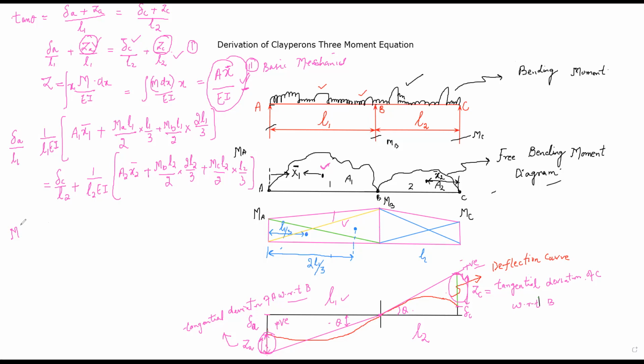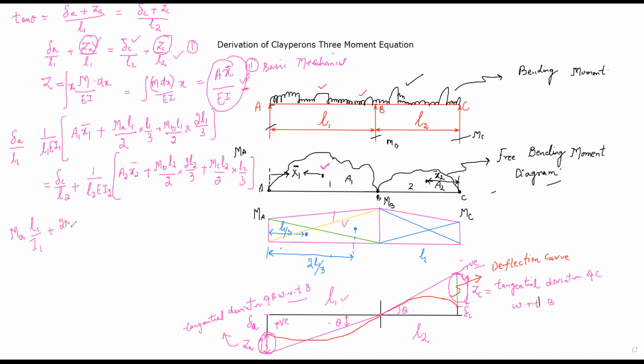Therefore, taking these conventions, what we can write, MA into L1 by I1. I1 is the moment of inertia on the left side, and I2 is on the right-hand side. Let's believe that their Young's moduli are same. You can also change them, it doesn't matter.